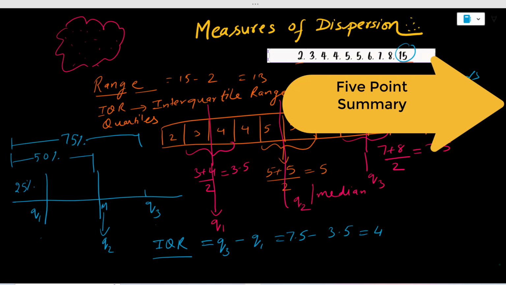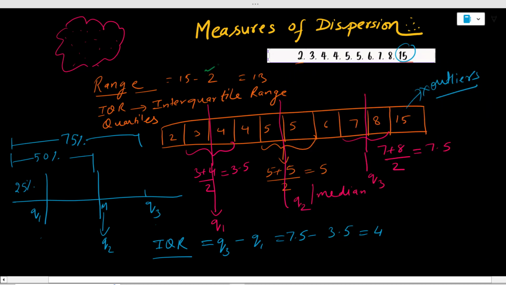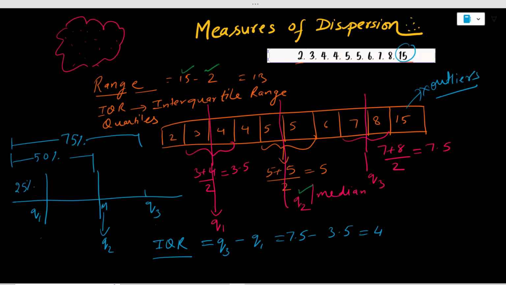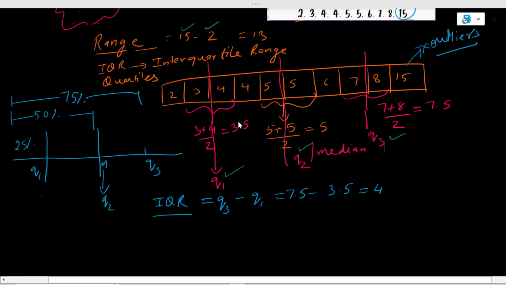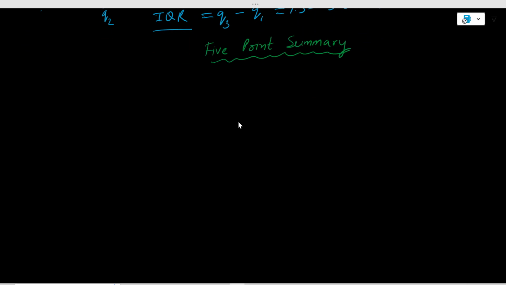While we derived IQR, we touched upon a few values: the minimum value in the data set, the maximum value in the data set, the second quartile, which is the median, the first quartile, and the third quartile. We came across these values, which are 5 in number in total, and we call these values the 5-point summary.